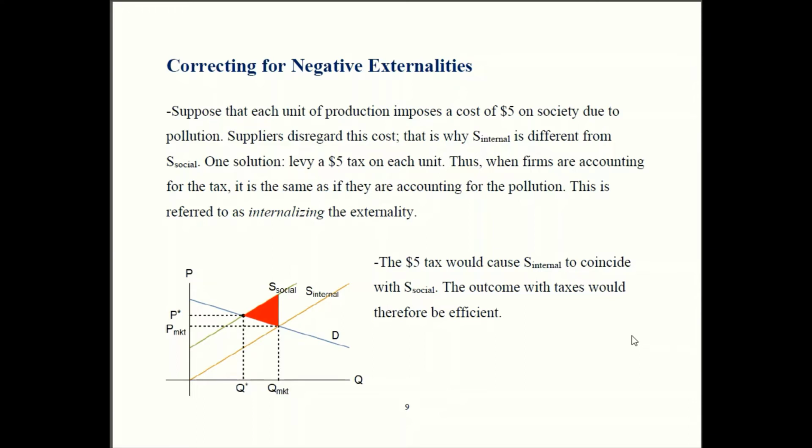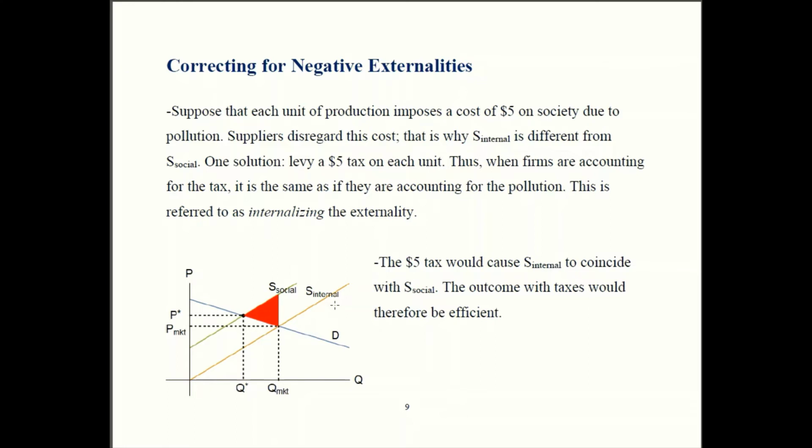However, if there's a negative externality involved, then a tax could be a good idea. So let's say that every time you produce a unit of this good, society bears a cost of $5 in the form of pollution. So that pollution is worth $5 of harm to society.